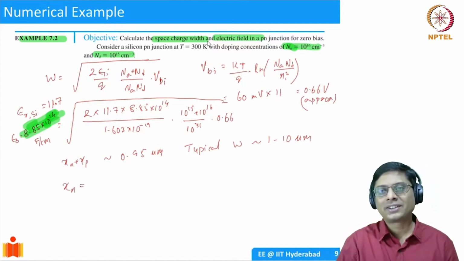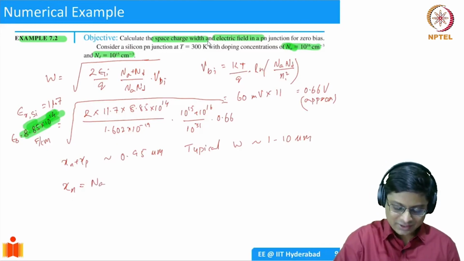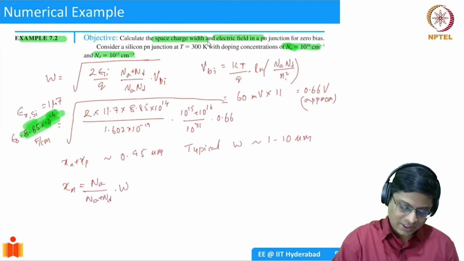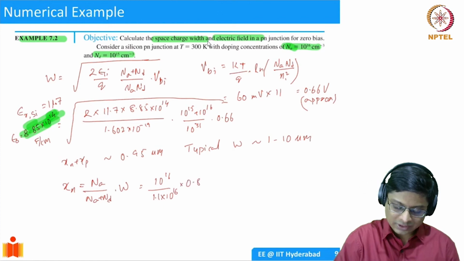If you want to calculate xn, you have to take the opposite concentration, which is Na divided by Na plus Nd times the depletion width. So Na is going to be 10^16 here, right? So 10^16 divided by 1.1 times 10^16 times 0.95, sorry.